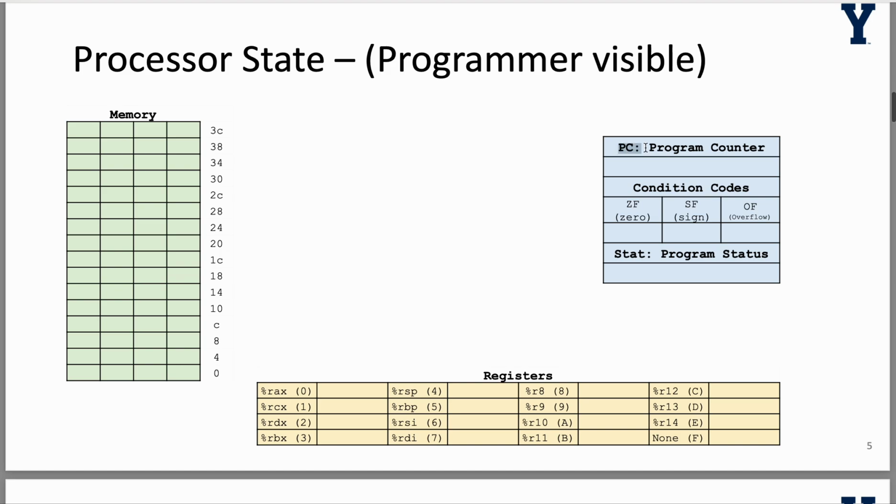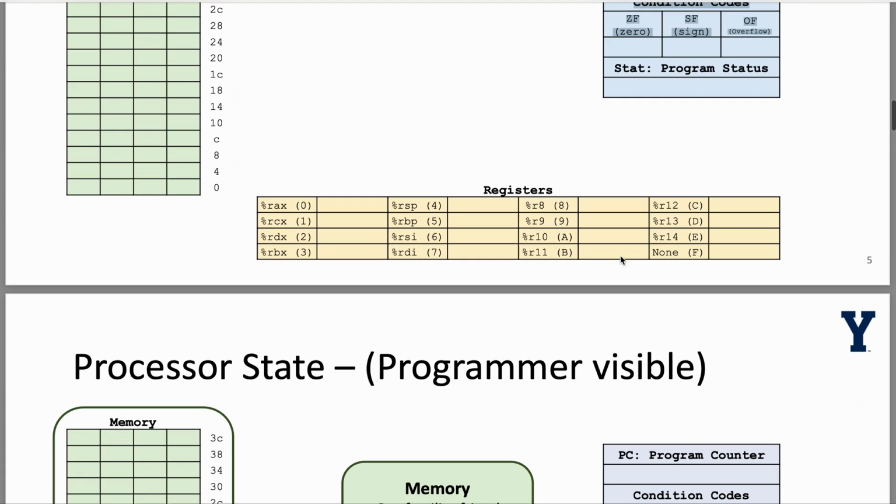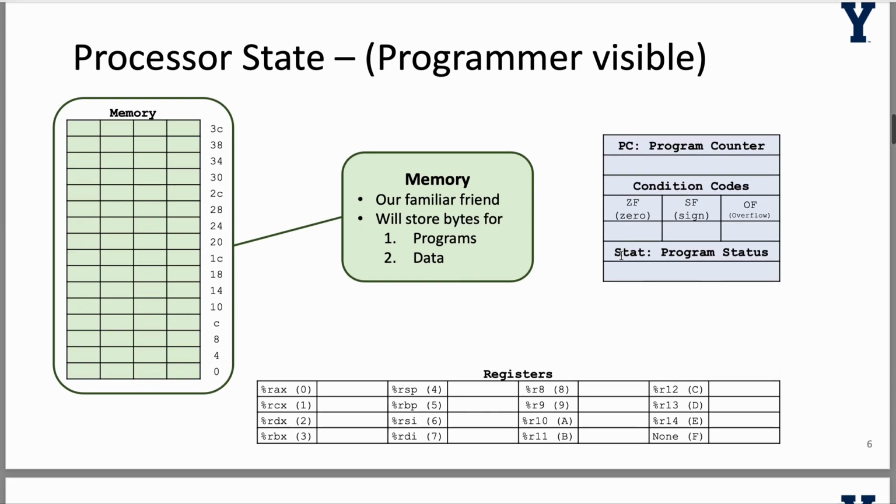Your program counter, which is where you are actually executing from, and then condition codes. So whenever we do an instruction, we can tell whether the result was zero, signed, or overflow. And that's kind of the information that you actually have.